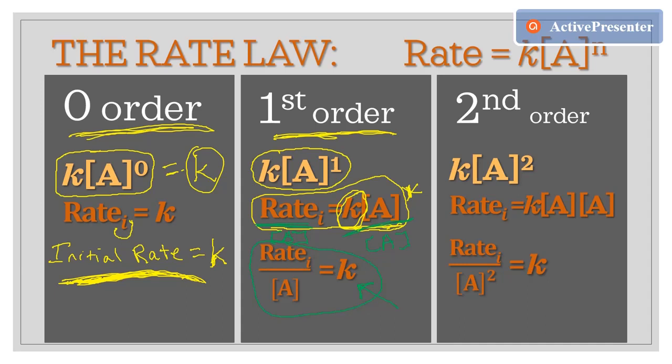Then we can solve with the initial rate and the concentration of A, and that'll give us the answer K that we're looking for.